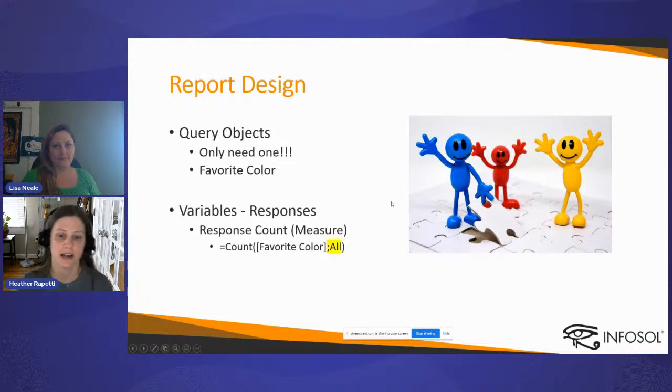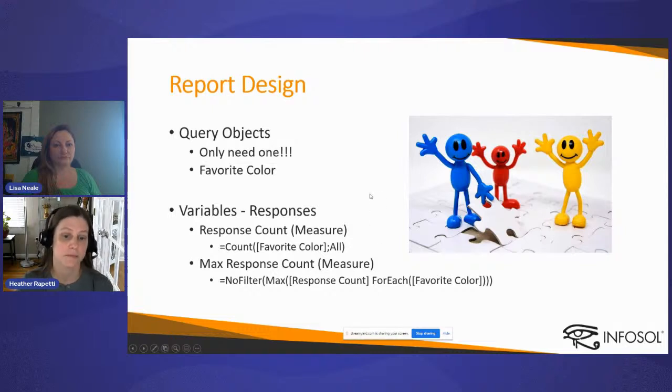Here I wanted to highlight that I'm using an operator, which is the All. What that does is tell Webi to count not just the distinct favorite colors, but all of them. I'll show you that when we start building. And then finally, the max response count, so the greatest response count in the report. I need that because I'm going to use a percentage. I don't want to use a whole number.